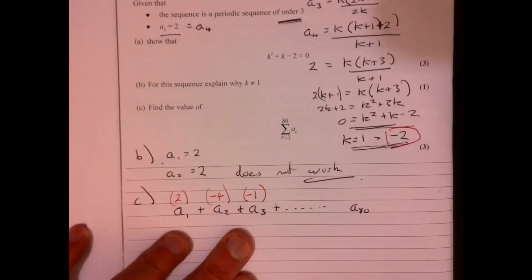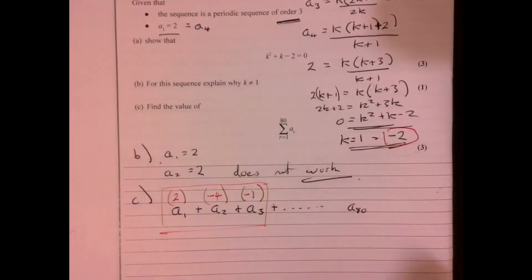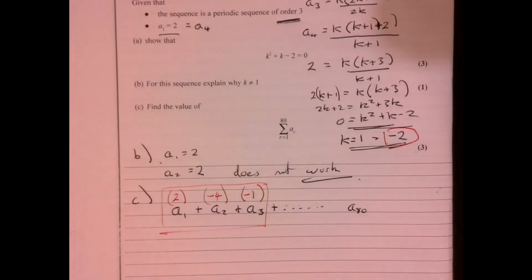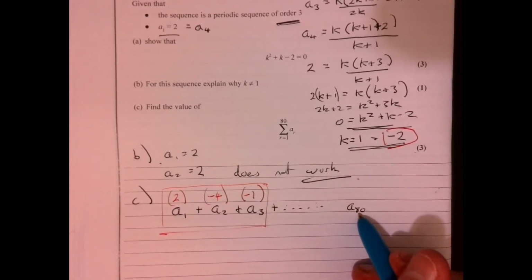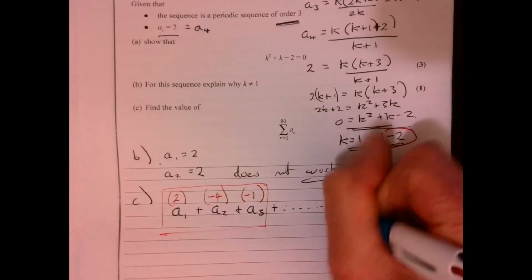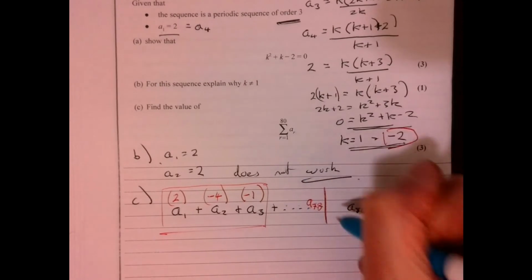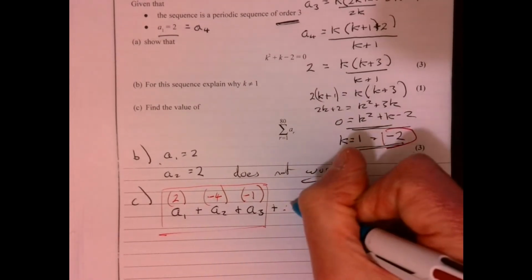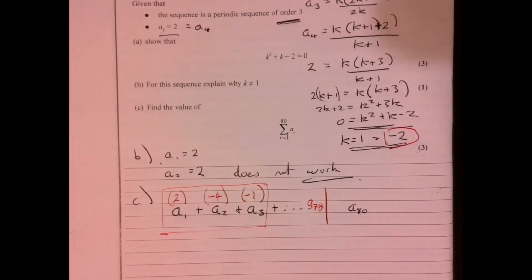Now remember, it's periodic. So this bit is going to be the same as A4 plus A5 plus A6. What I need to work out is how many lots of these 3 we're going to have going up to 80. The important value is A78. If you do 80 divided by 3, you get 26 point something.